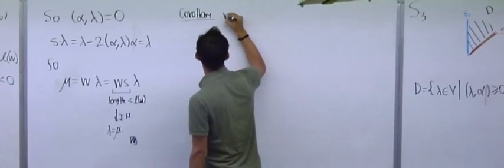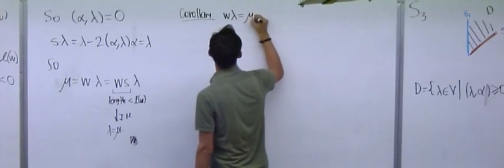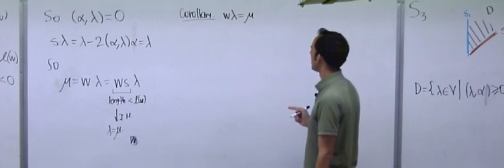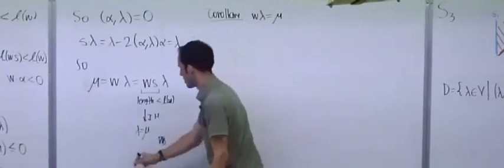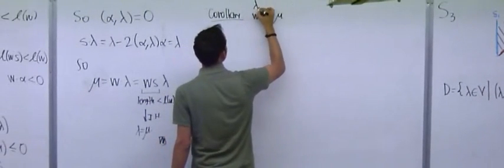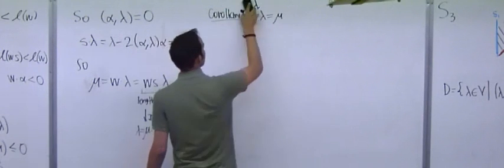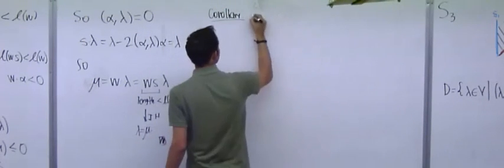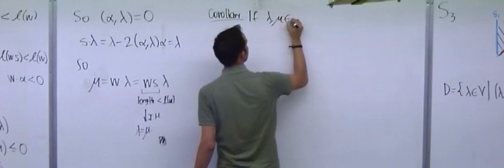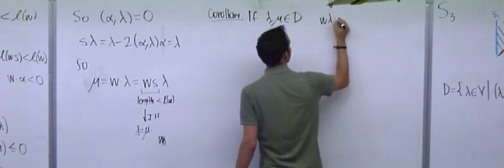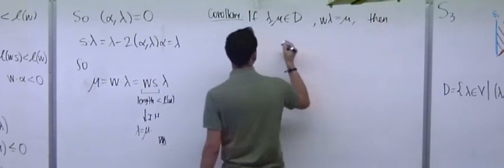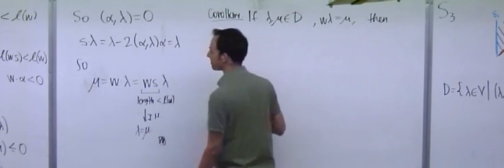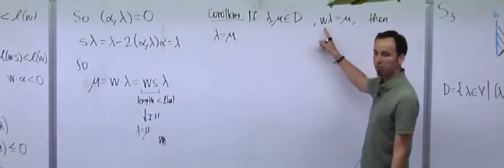Let me understand, how can it be that we know that if lambda and mu are in the fundamental domain, and W lambda is equal to mu, then, well, I just proved that lambda is equal to mu, okay? But now I also want to say what W must be.